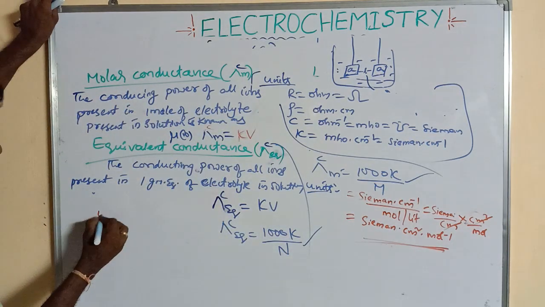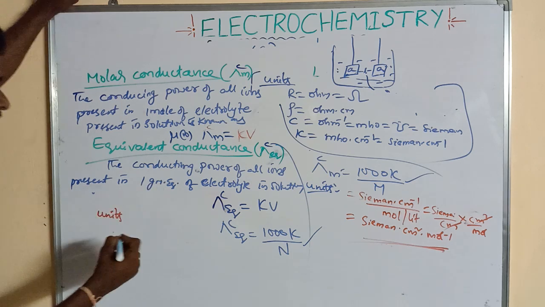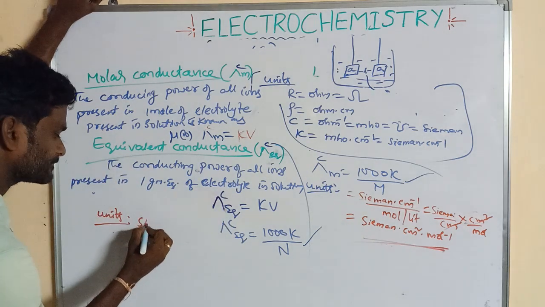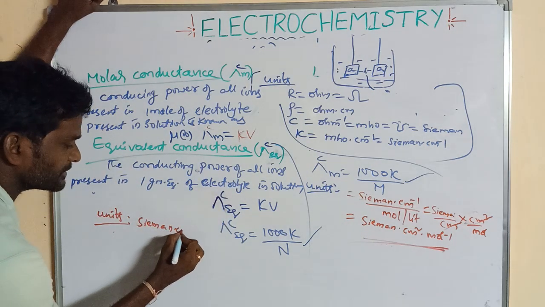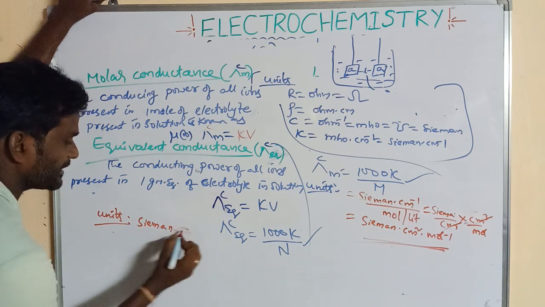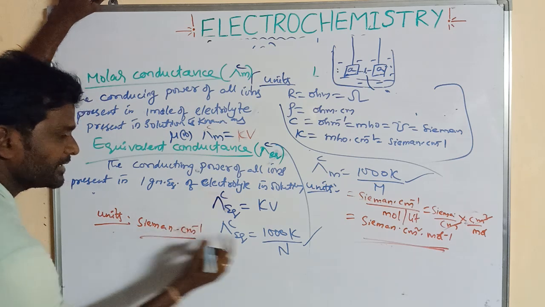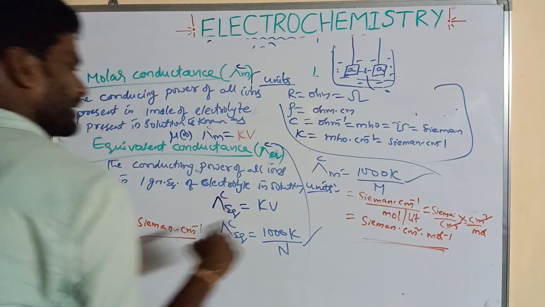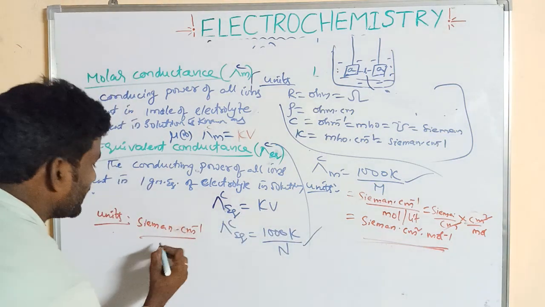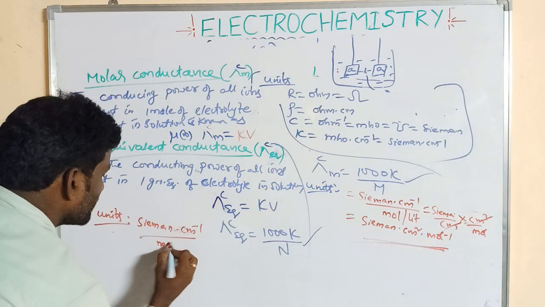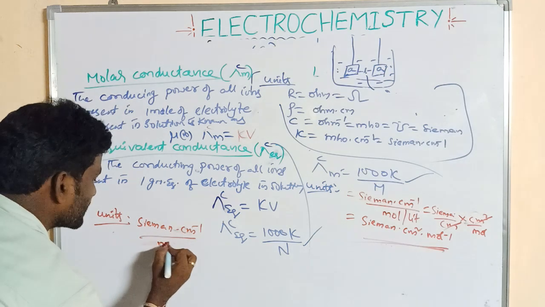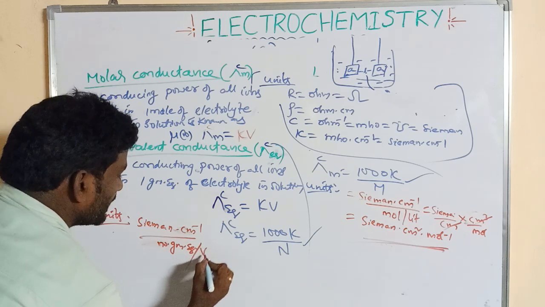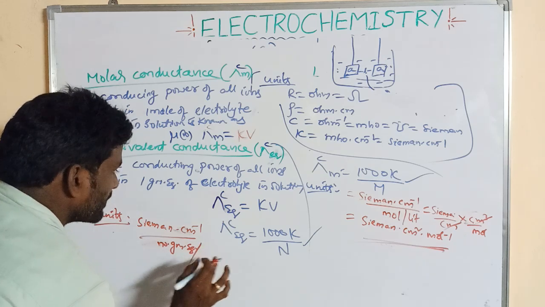Now I am going to explain the units of equivalent conductance. Kappa has units of Siemens into centimeter inverse, like Siemens by centimeter. Normality is the number of gram equivalents by liter, that is, number of gram equivalents by volume.